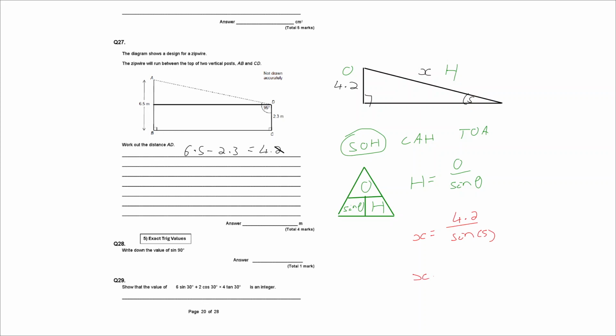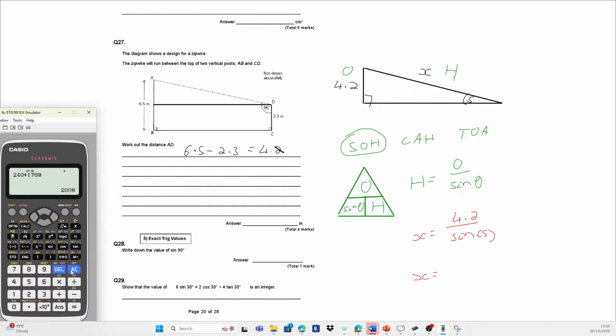So X is equal to 4.2 divided by sin of the angle 5, which is equal to 48.2 meters to 1 decimal place. It doesn't ask you to round to anything specific, so 48.2 is going to look pretty good to me.